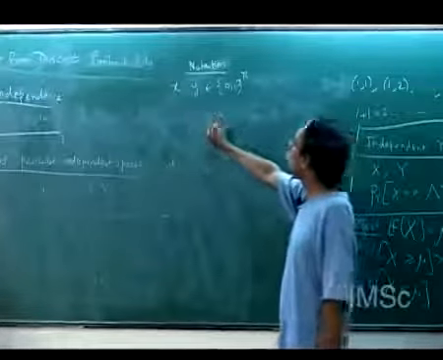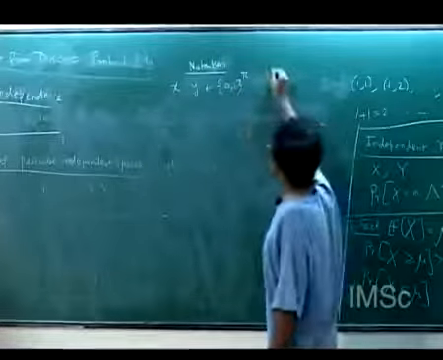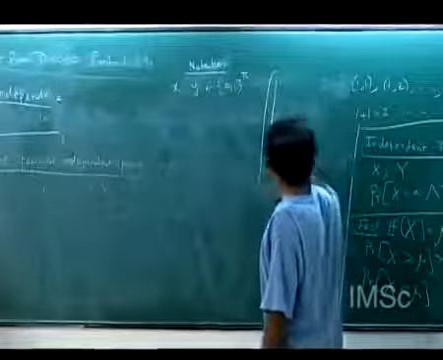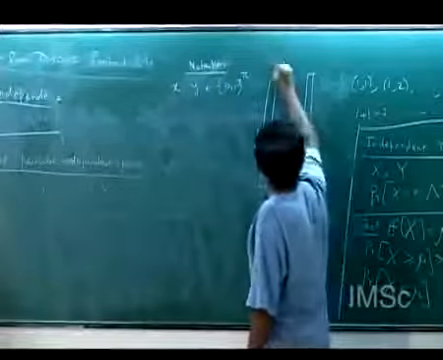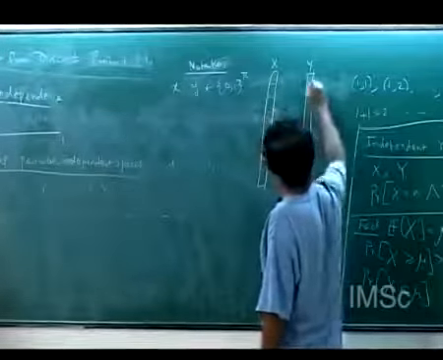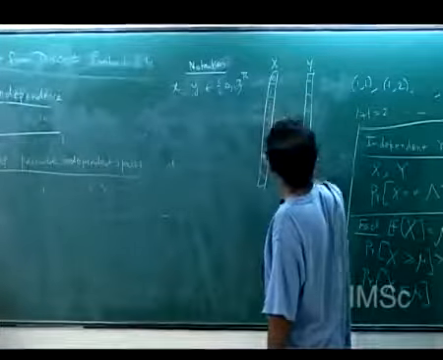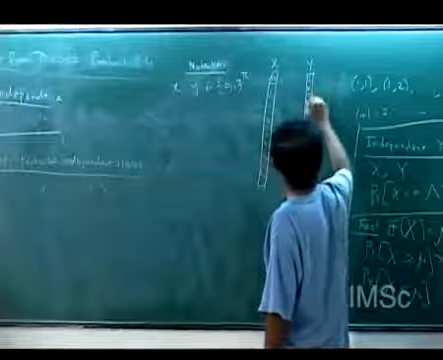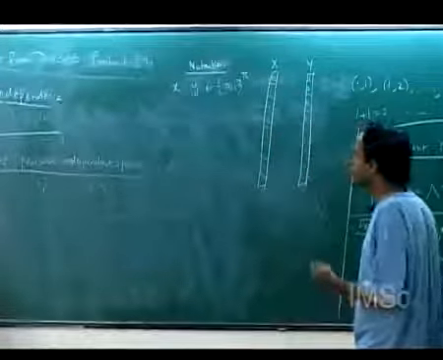Let's take two vectors x and y in {0,1} power r. So x and y look like r-bit vectors, right? These are the bit positions. They may be filled with 0, 1, 1, 0, 1 and so on.